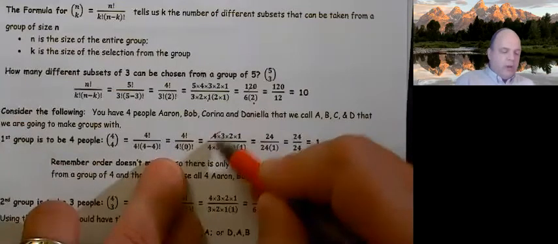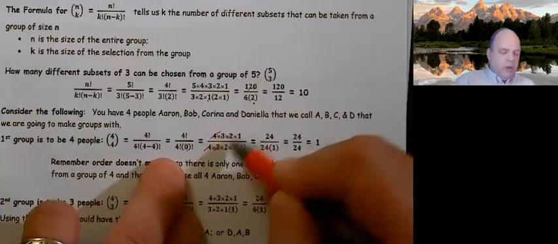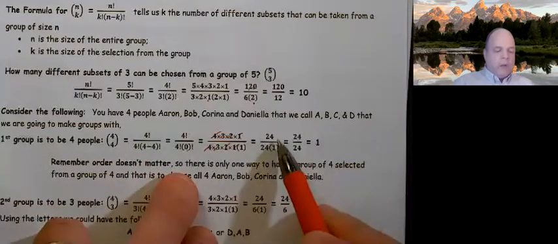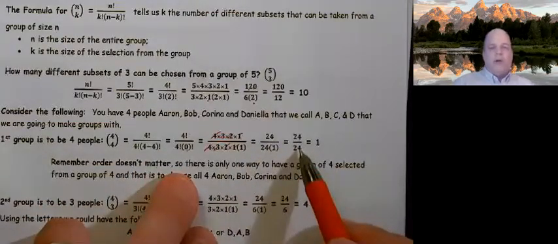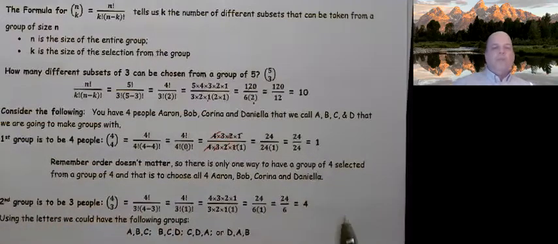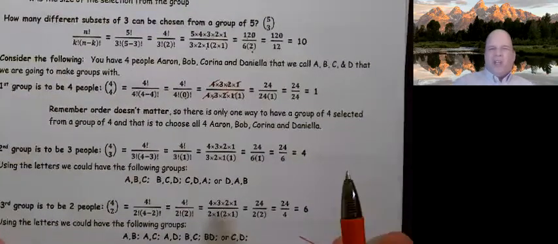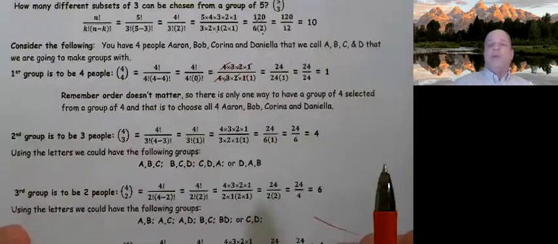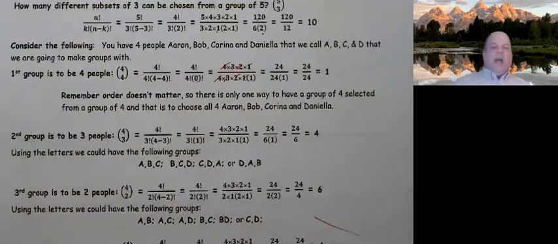Essentially, this crosses out, and we end up with 1, or if I multiplied it all out, 24 divided by 24 is 1. And that makes sense. If I have 4 people, there's only one way I can select all 4 people. The order might change, but the group is going to be the same.